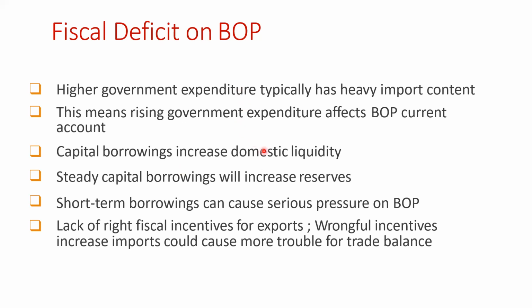Then their effective component may be around 70%. And that will put serious pressure on the BOP. Then there is the lack of right fiscal incentives for exports. Wrongful incentives that increase imports could cause more trouble for the trade balance. Now, the government should give correct financial incentives for exports, then automatically the export market will develop.